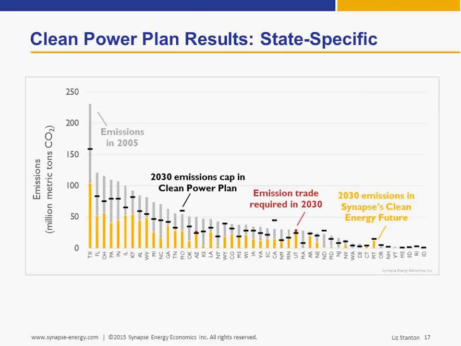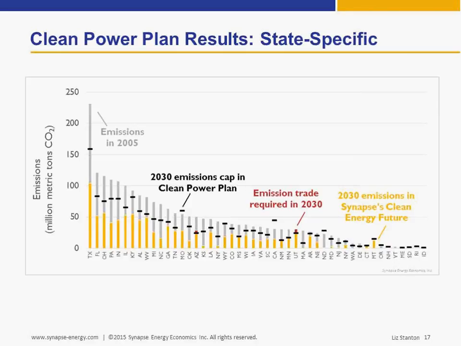And there may be states for which that's the best way to comply. If their neighbors can do certain things more cheaply than they can, then it may make economic sense for those states to go a little bit slower with their rollout of renewables or efficiency and rely on purchases of credits of one kind or another.